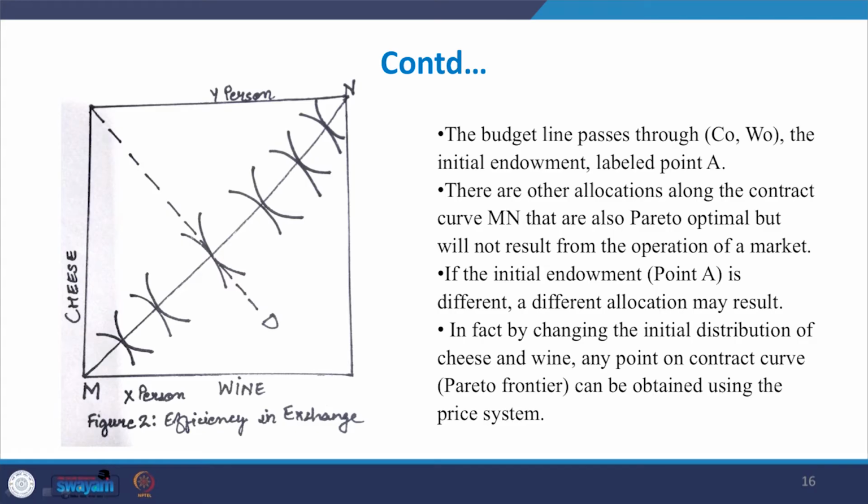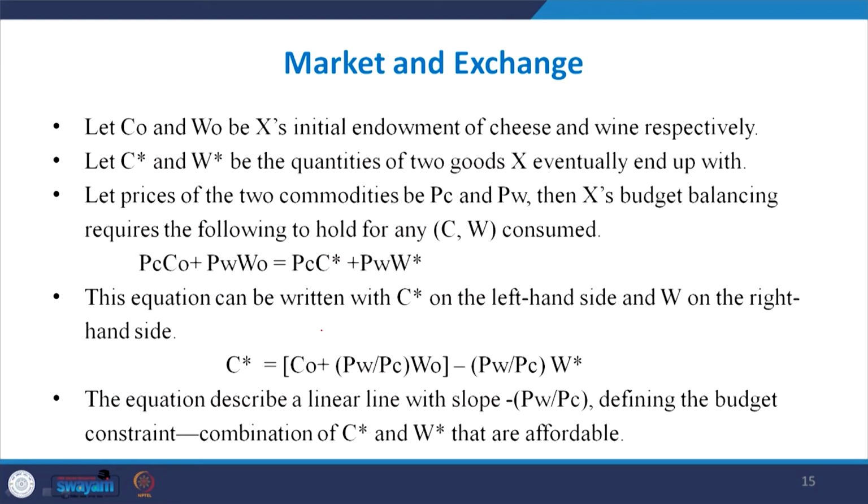First, the budget line is tangent to the indifference curve of person X. Second, the same budget line is tangent to the indifference curve of person Y. And third, the slope, or MRS, the marginal rate of substitution between cheese and wine, is the same for Y and X. That is why it is called an efficient combination.